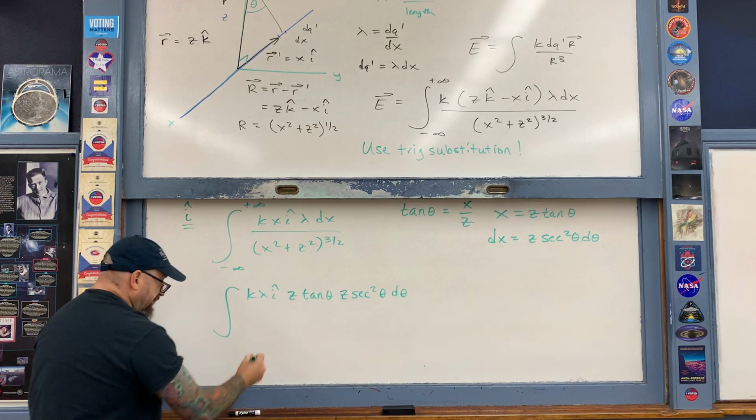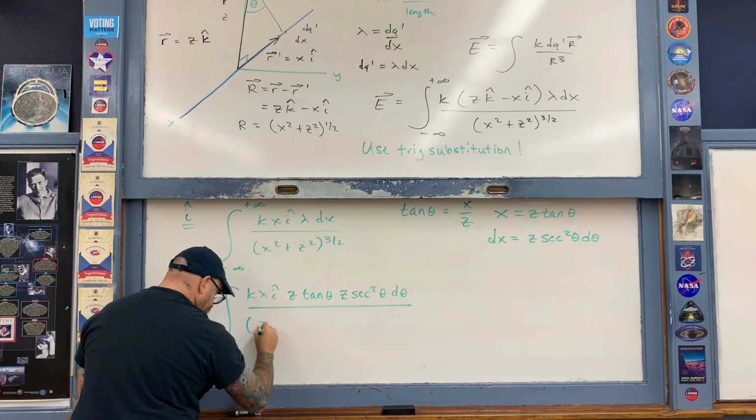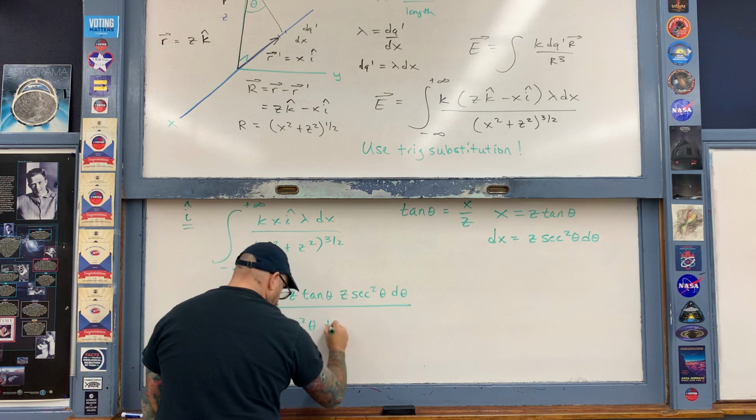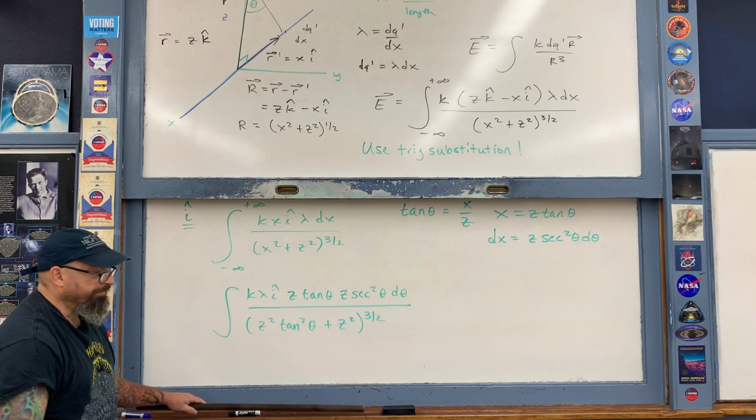And then we have our denominator, so we have x squared, which is going to be z squared tangent squared theta plus z squared, all to the 3/2 power.